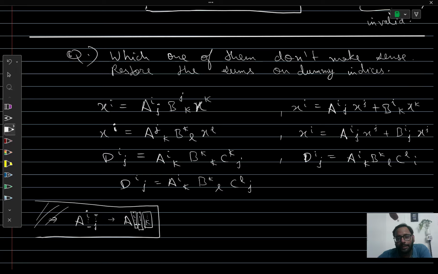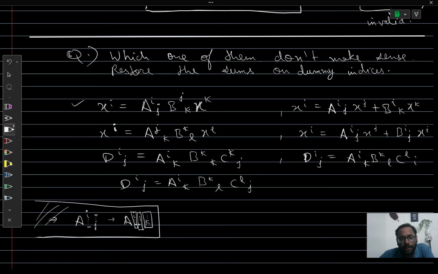So dummy indices can be relabeled freely. You can relabel free indices in an expression, but not in a particular term. You cannot relabel this i as j, because the number of free indices should be equal on both sides. So this is a valid thing.